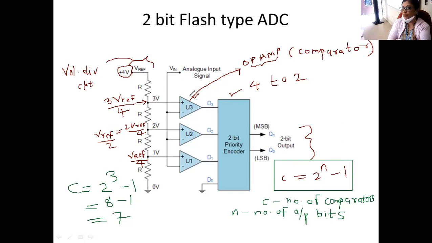And for an 8-bit ADC, how many comparators will we require? It will be 2 raised to 8 minus 1. And what is the value of 2 raised to 8? 255. 255 comparators. Practically, is it possible to connect 255 comparators?